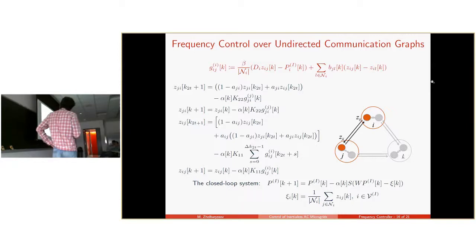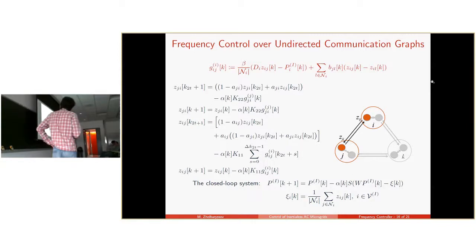At each iteration, they perform gradient descent, which includes this frequency regulation, frequency error term, and then this local averaging objective.